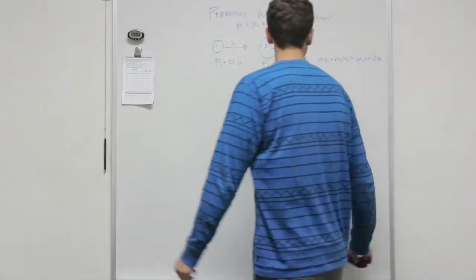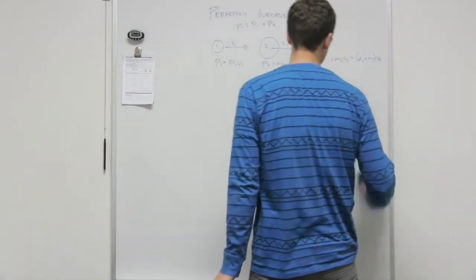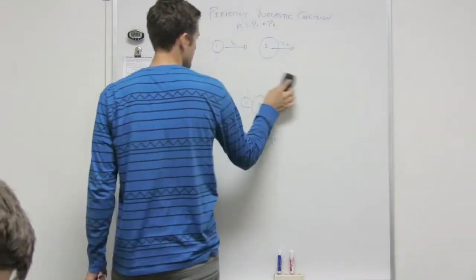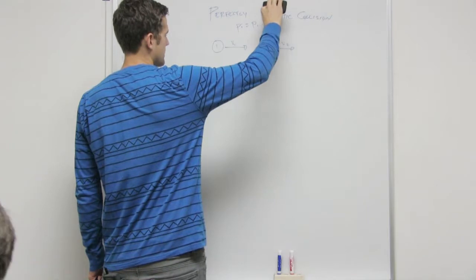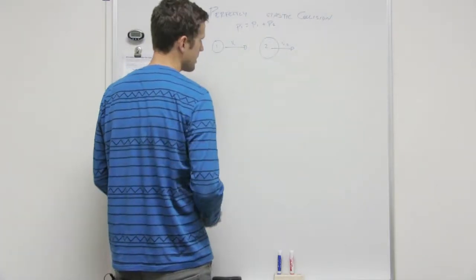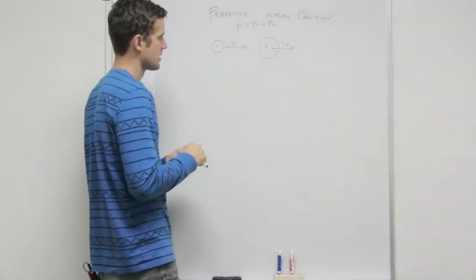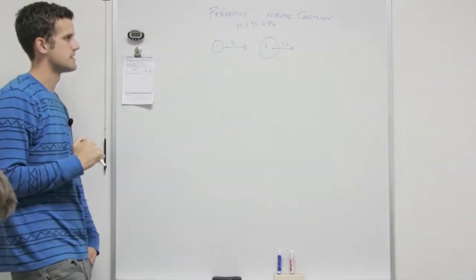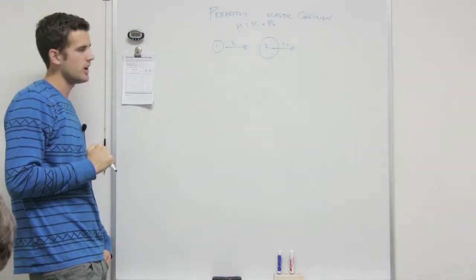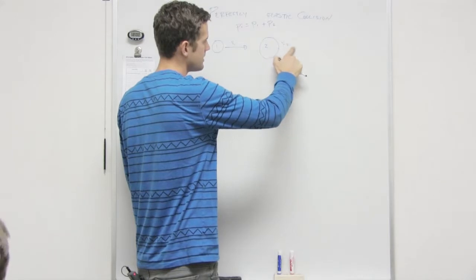Okay? Now, what happens if instead you have a perfectly elastic collision? What do you think that means? Let's actually erase this for now.